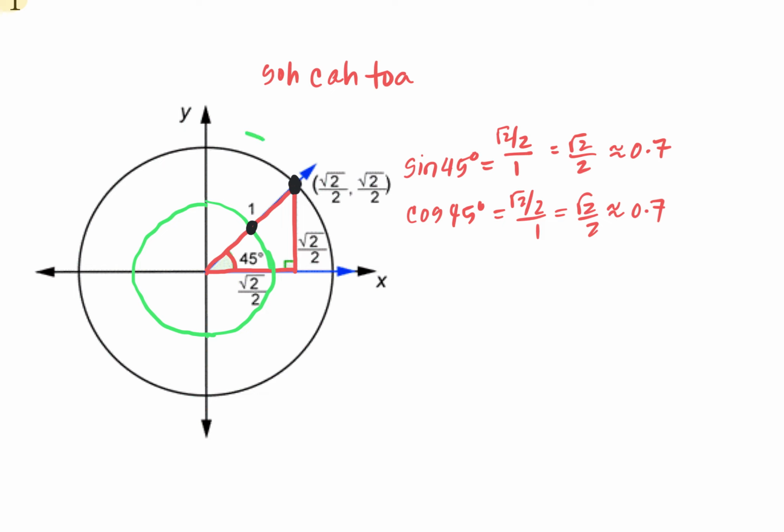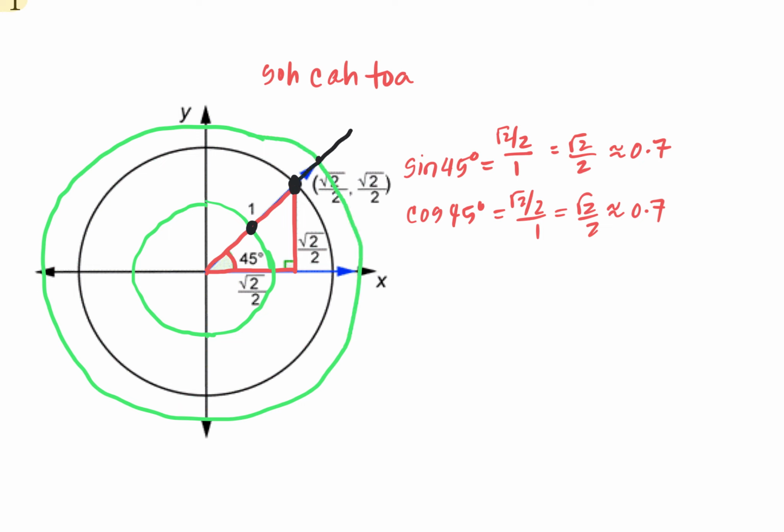I could also pick a larger circle and extend this ray. On the larger circle, it's going to intersect at the point that is halfway in the first quadrant. The angle is still 45 degrees.